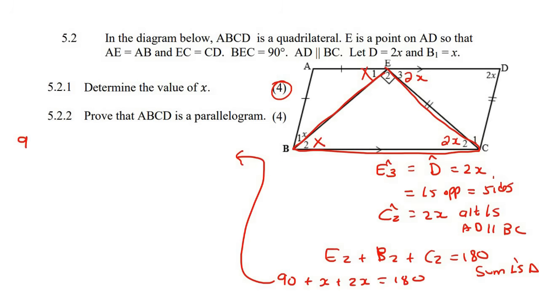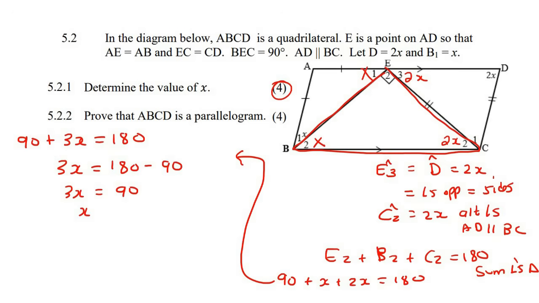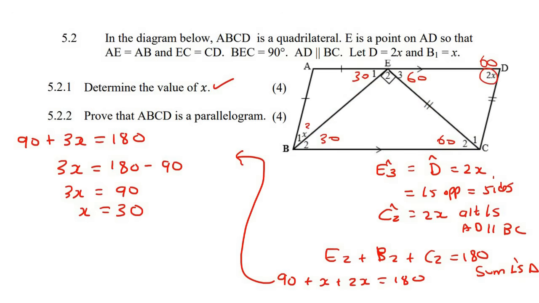Okay, so let's just write that down. 90, now x plus 2x is 3x. And then if you had to get x by itself, you would say 180 minus 90, and so 3x would be equal to 90, and so x would be equal to 30. Now we know that x is 30, so we can go put that in. This would be 60, this would be 60, and this would be 30. And this would be 60, and this would be 30.